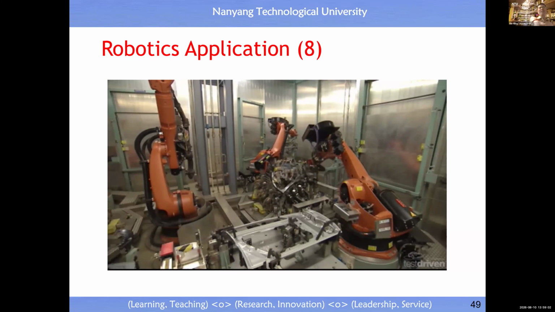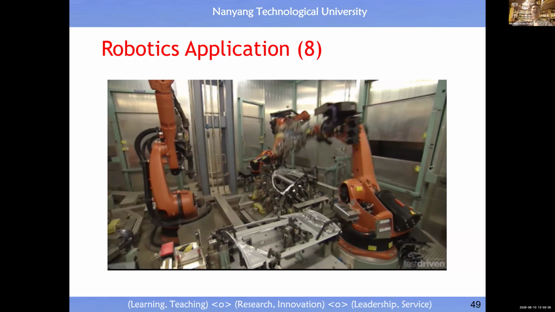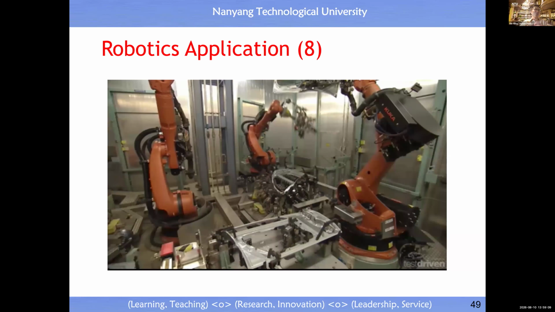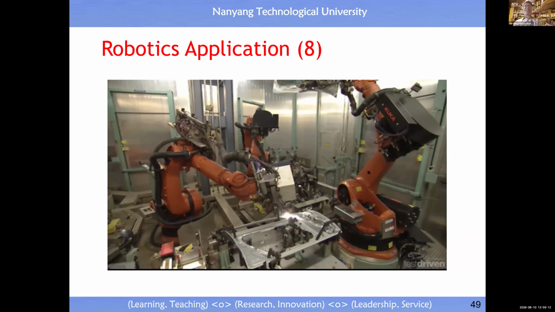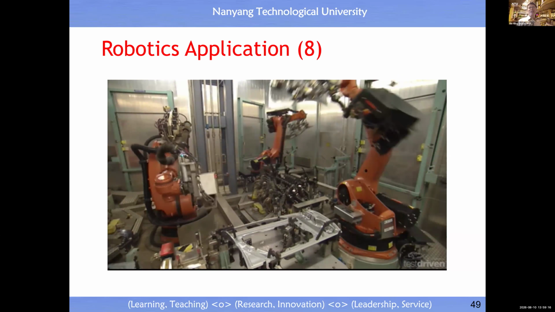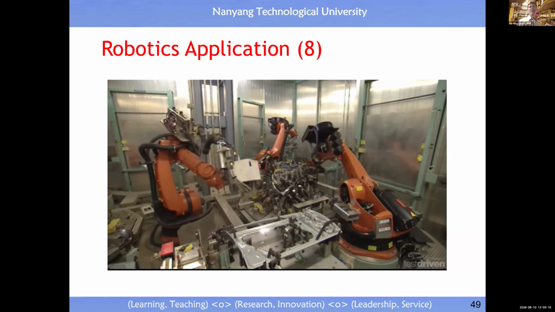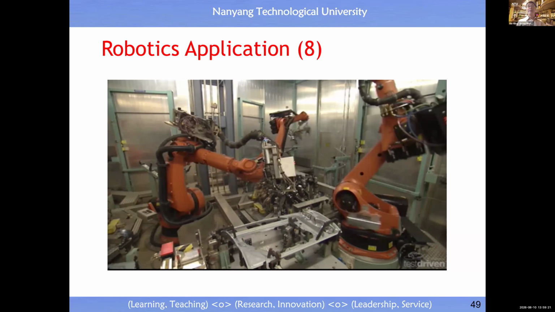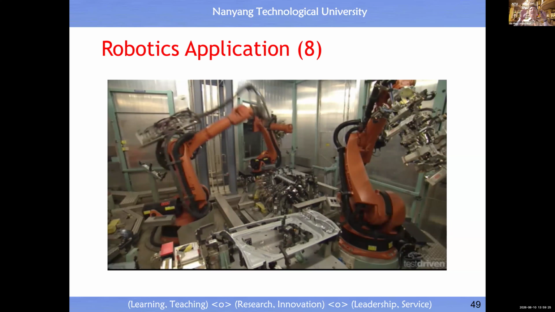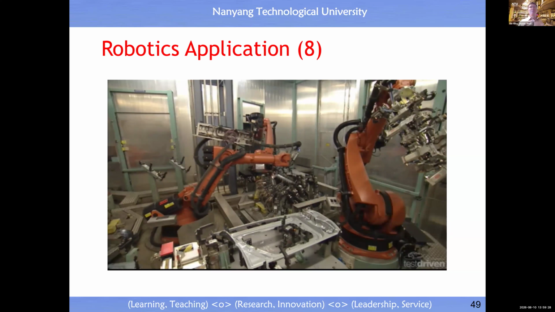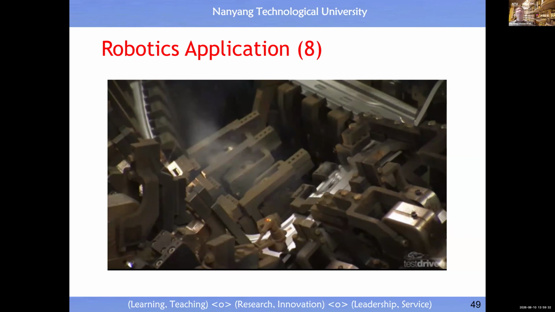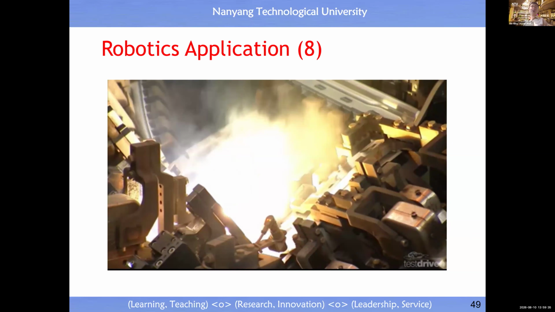I just play a little bit of this video. Then you see in the production line the massive deployment of robots. There is almost no presence of a human being. So this is a typical scenario of an unmanned factory or unmanned production line. You will see a zoom out view that gives you an impression about the number of robots on this factory floor.